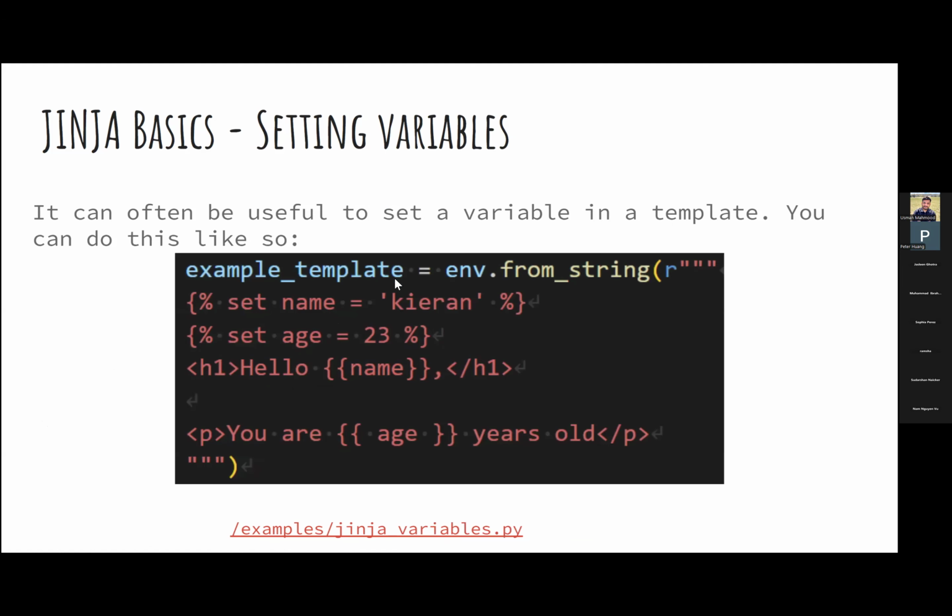When you're setting variables, it can often be useful to set up a variable in a template. So as you can see here, we have set name equals Kieran, and we have set age equals 23. And then we have hello name, and then your age years old.